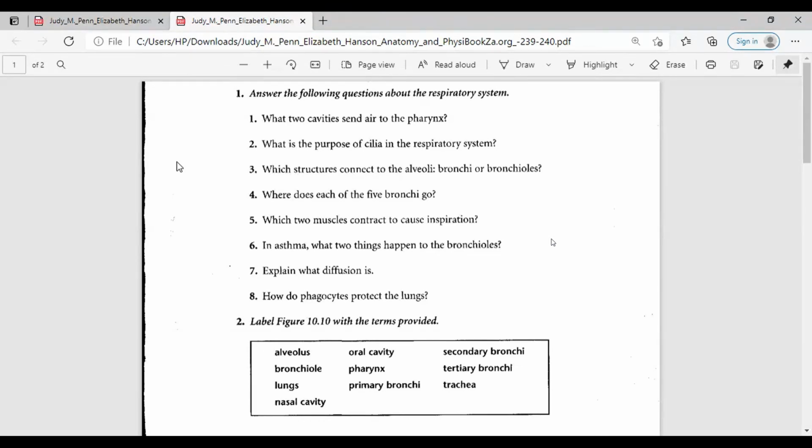For example, we have area A and area B. Area A is full of oxygen and area B doesn't have any molecules of oxygen. So oxygen will move to area B. That's how diffusion works.